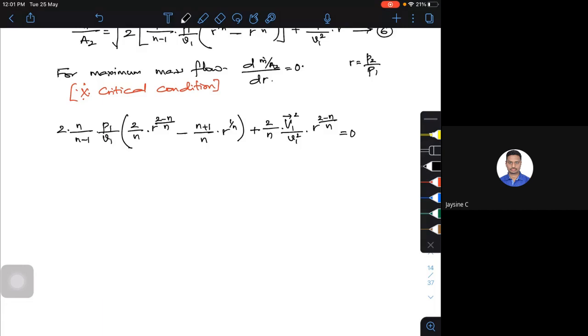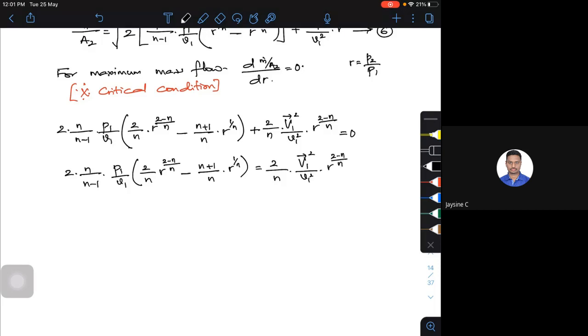I'm going to write 2 into n by n minus 1 into P1 v1, times 2 by n into r to the power of 2 minus n by n, minus n plus 1 by n into r to the power of 1 by n, is equal to 2 by n into v1 square by small v1 square into r to the power of 2 minus n by n. The 2 on either side simply cancels out, and n and n cancel out, so this will become n square.